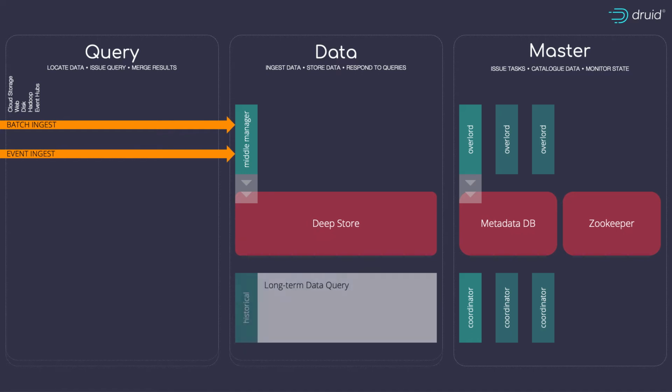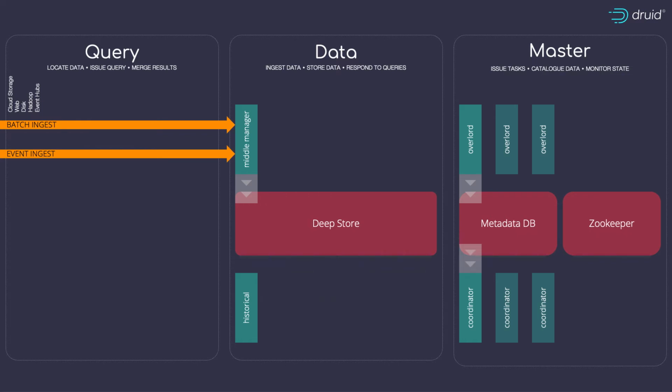Historicals copy data out of this long-term memory and make that available for querying. And it's the coordinator process that, seeing what's been ingested, instructs them to load that data according to the period of time we want available and the replication factor we want for resilience.